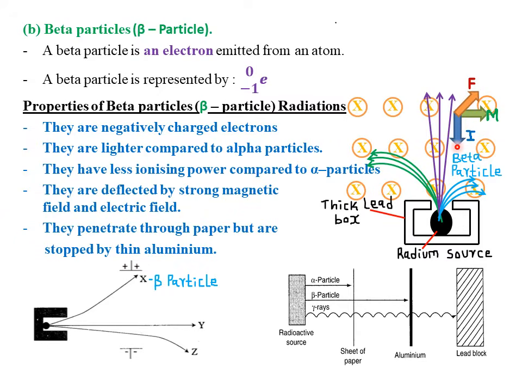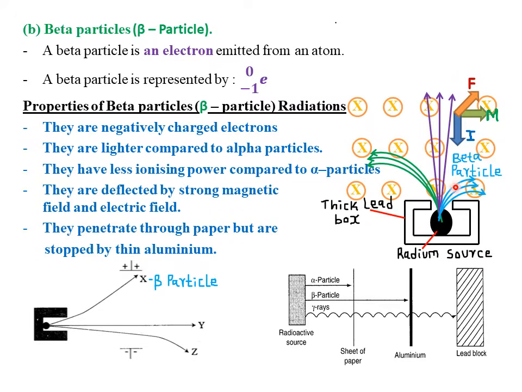So the second finger of your left hand, which is held mutually at right angles with the thumb and of course the first finger, then the first finger will move towards the screen. So point the first finger towards the screen, because that is where the magnetic field is moving towards, as represented by letter X. So if your first finger is pointing towards the screen, then the second finger pointing downwards towards the radium source, then you realize that your thumb is pointing to the right, showing you that the beta particle is going to deflect to the right.